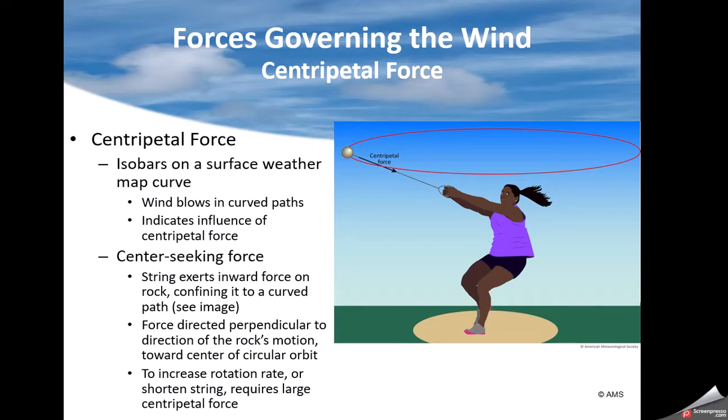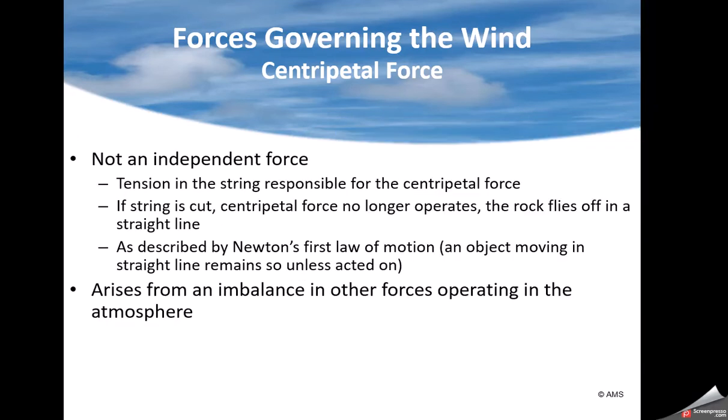There's a force always directed into the center, and that's what's holding you in the curve as you go around. And it holds wind in a curved path too. So there's another force acting. We have a pressure gradient force, and now we have a curved centripetal force. And interestingly, centripetal force is not independent. If you were to get rid of it, you'd go in a straight line.